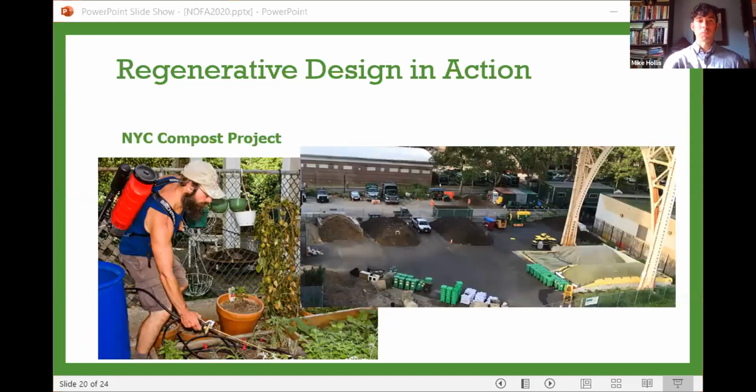The New York City Compost Project. I talked about how we have such a significant portion of our waste stream being compostable organics. The New York City Compost Project is a partnership of 7 different city nonprofits that are looking at waste recapture and composting as a means of rebuilding New York City soils.